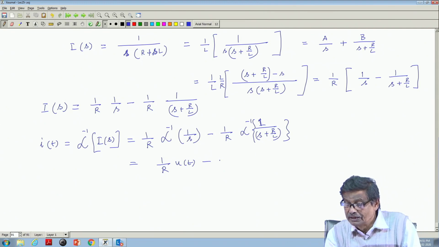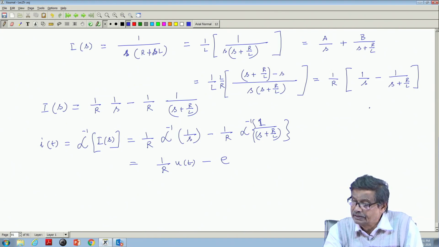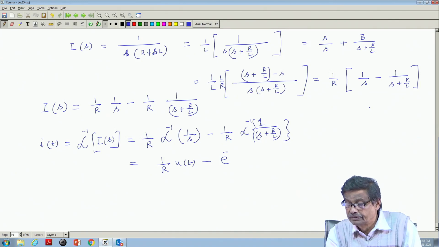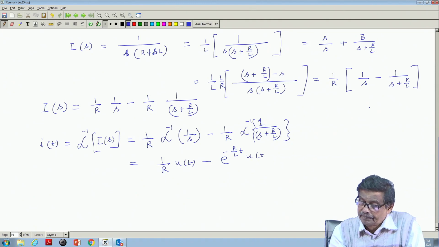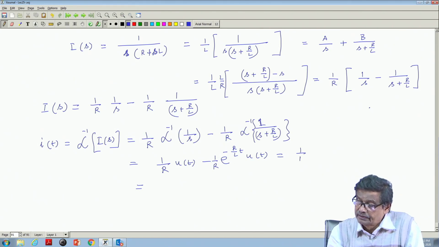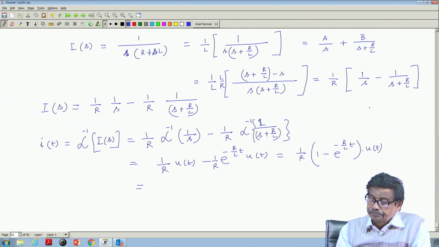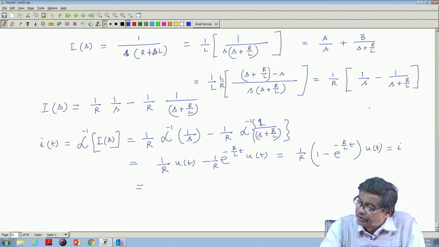It is nothing but e to the power minus of R by L into t into u(t), and by 1 by R. So the result will be 1 by R into 1 minus e to the power minus R by L into t into u(t), and that is equal to your i(t).